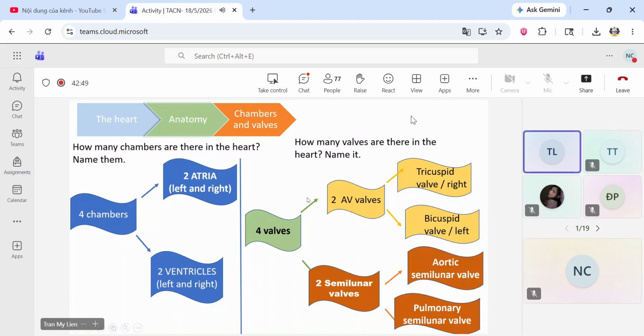The 4 heart valves are the AV valves and semilunar valves. Bicuspid and tricuspid or mitral valves are the AV valves. Aortic semilunar valves or pulmonary semilunar valves.